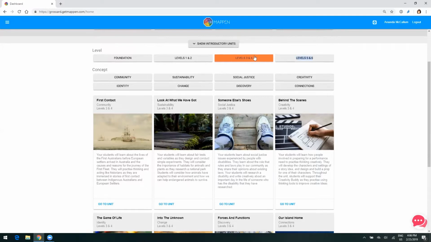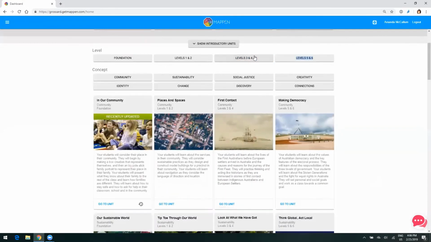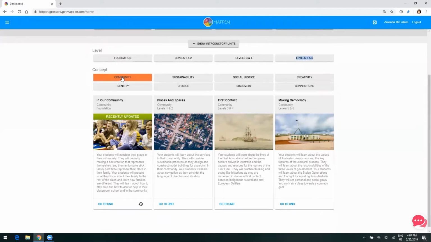For most of our MAPPEN schools, there is a whole school approach to delivering the same concept at the same time. So for a lot of you, this term, your school will be investigating the concept of community, and by clicking on the concept word, I get those 4 units highlighted.